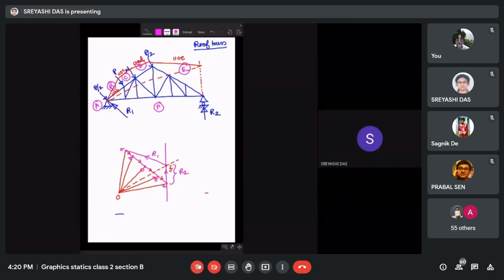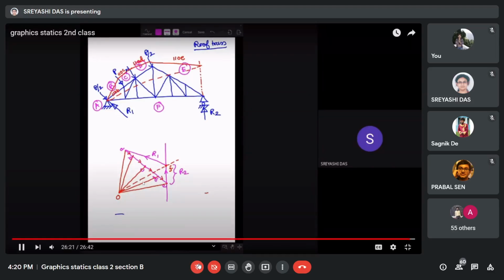So in this way, we will find out the reactions for a truss structure. Okay.